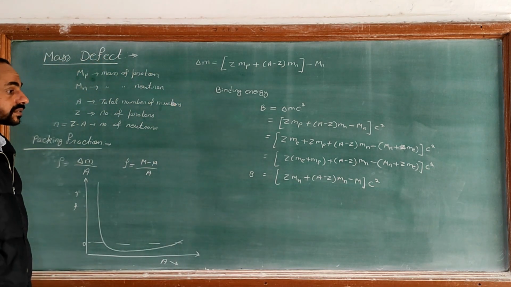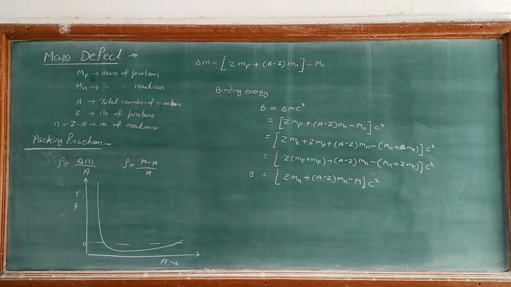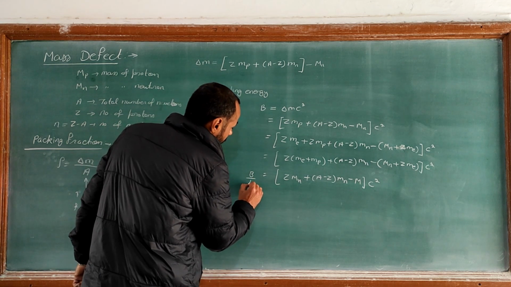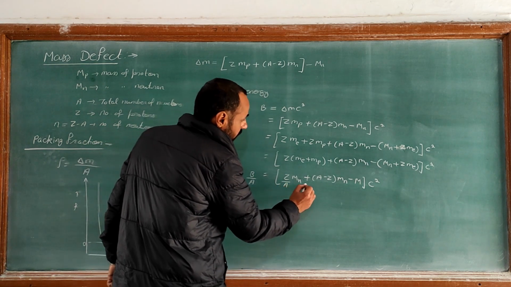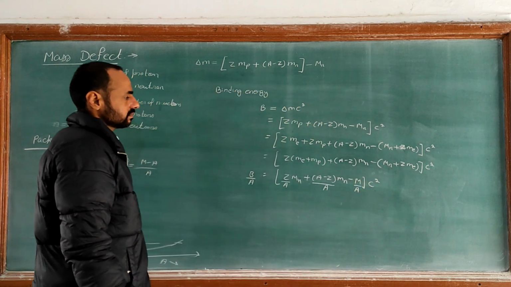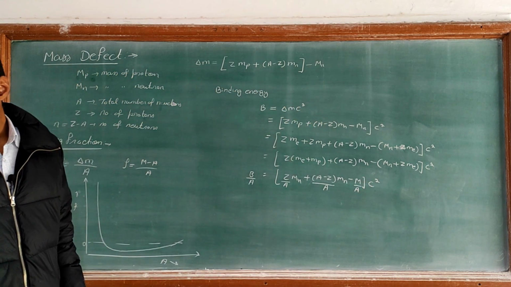Now if we are interested to find out the binding energy per nucleon, then we will divide it by A on both sides. Then we have Z by A, (A minus Z) by A, M by A, if we divide with A on both sides.